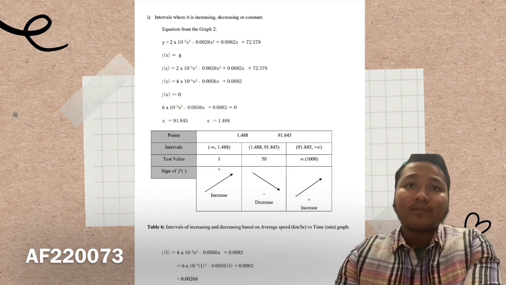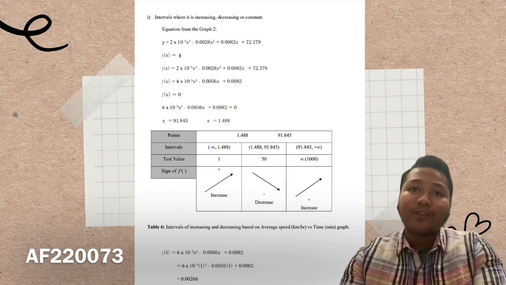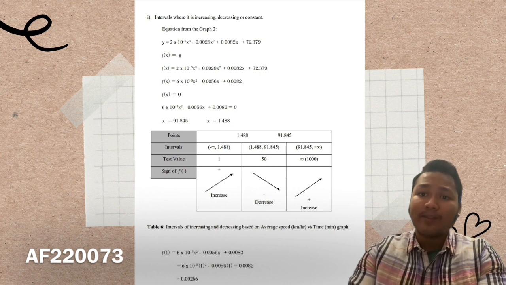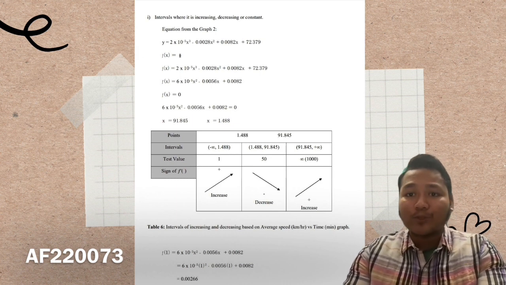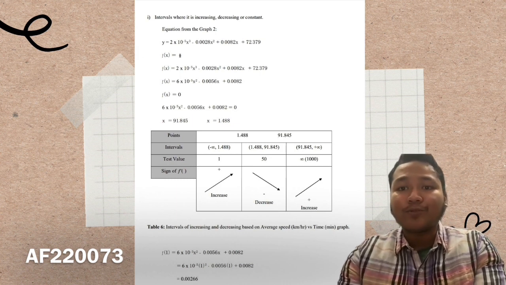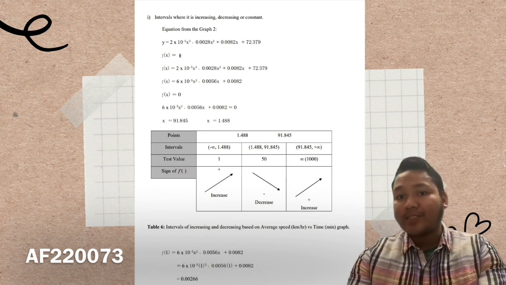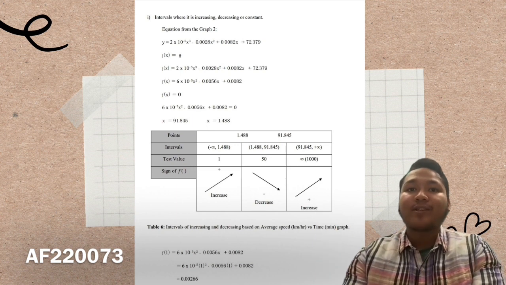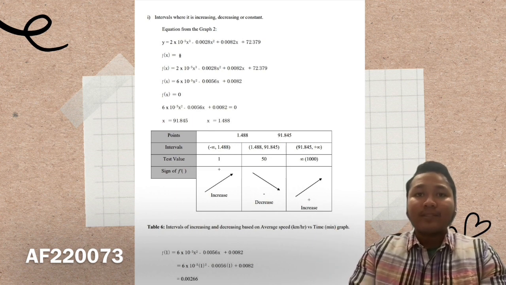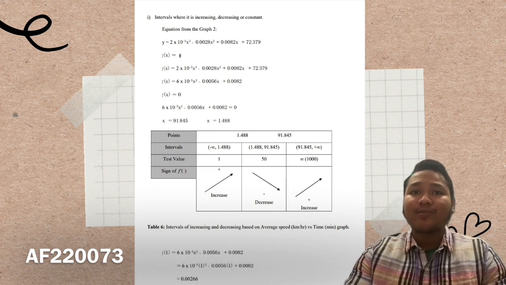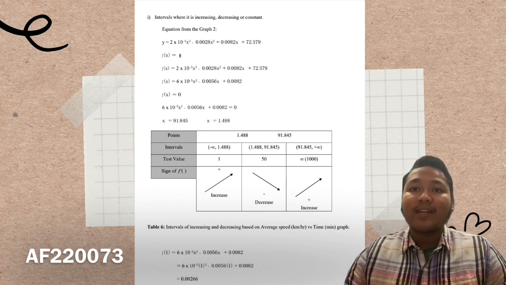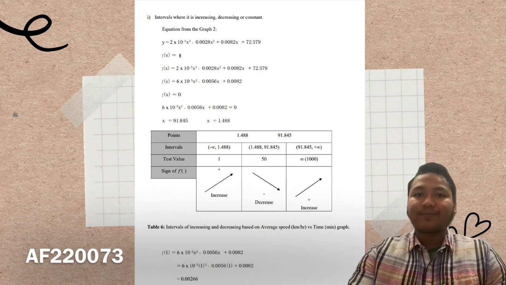From the equation of graph 2, we differentiate the equation and get 6 times 10 to the power of negative 5 x squared minus 0.0056 x plus 0.082, and the derivative is equal to 0. Rearranging the equation and factorizing it, we get x equals 91.845 and x equals 1.488.